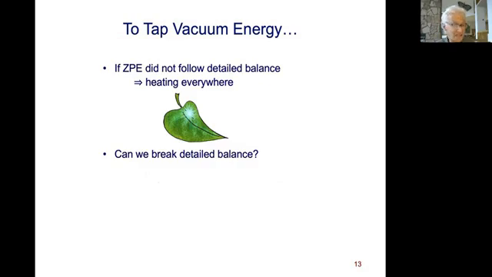And so we'd see hotspots all over the place on leaves and every other sort of nonlinear material within our universe, but we don't. Why do we not? Because there's a detailed balance. In other words, whatever might be producing heat, the reaction also goes in the other direction. Can we break that detailed balance?